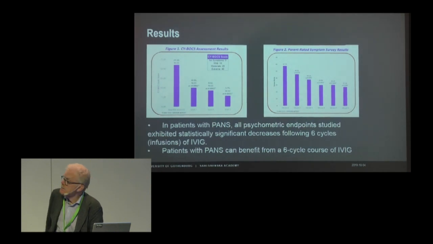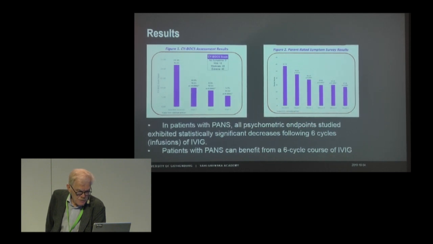You have them here. And I spoke to the company today, and also to them it was quite astonishing that the effect is so clear in this open-label study. All psychometric endpoints studied exhibited statistically significant decrease following 6 cycles of immunoglobulin.